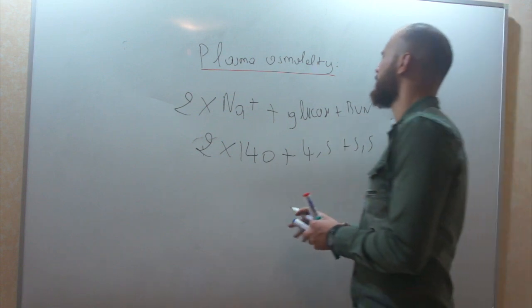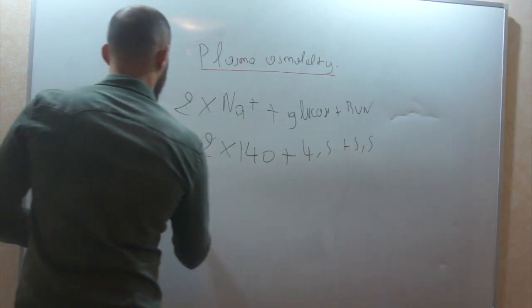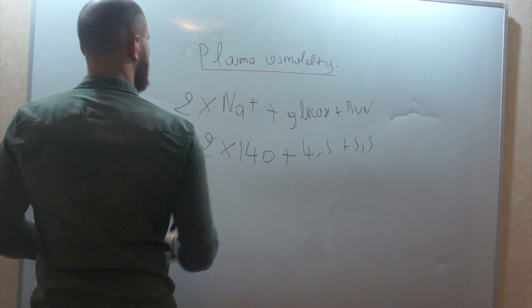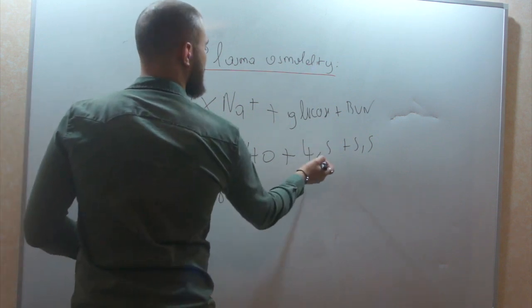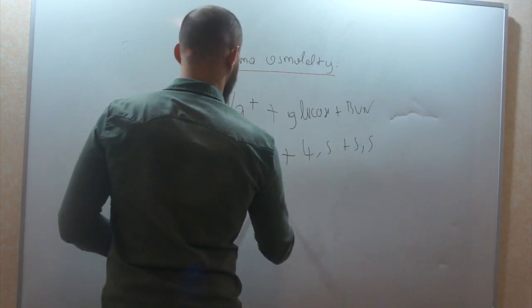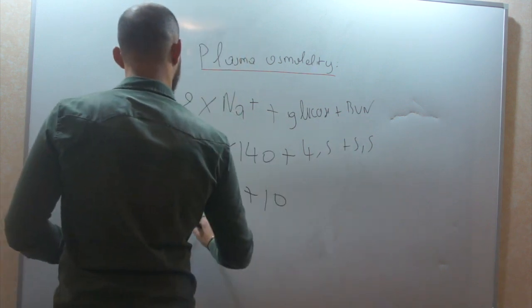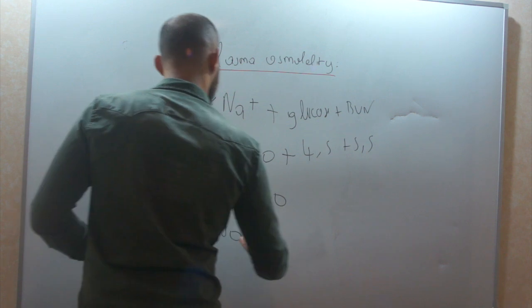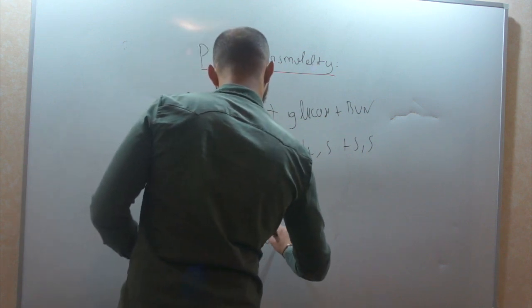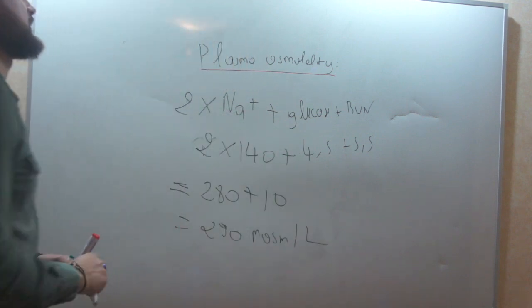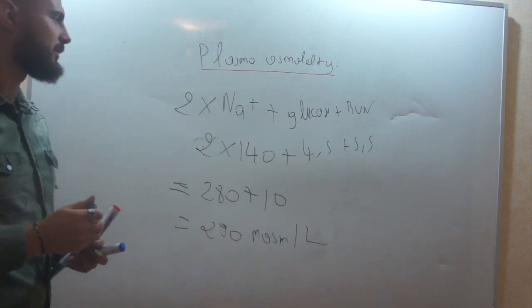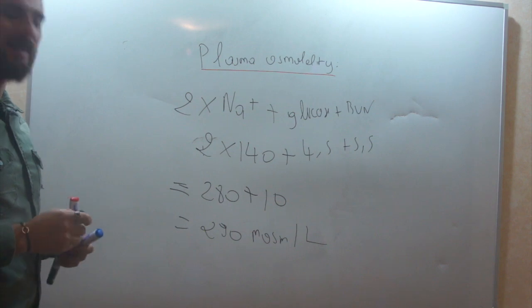I know it's 0.3, but let's approximate. It's 280 plus 4.5 plus 5.5, which is 10. It's 290 milliosmol per liter. So that's the blood, the plasma osmolality.